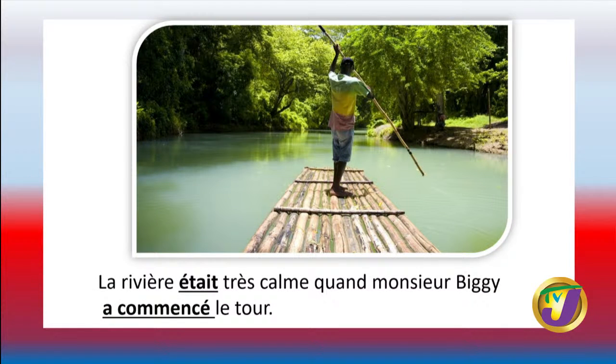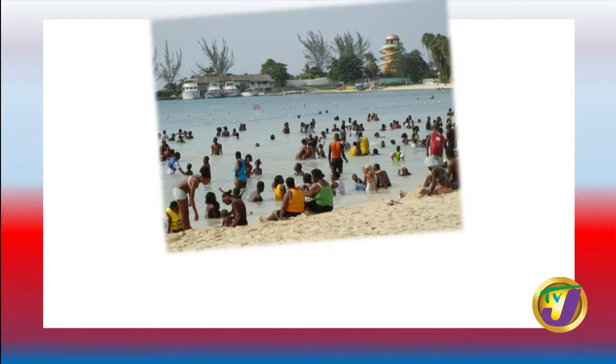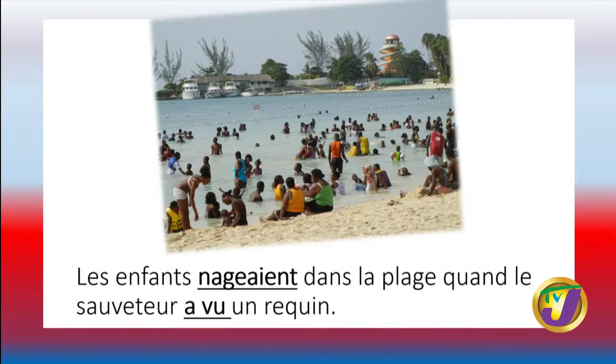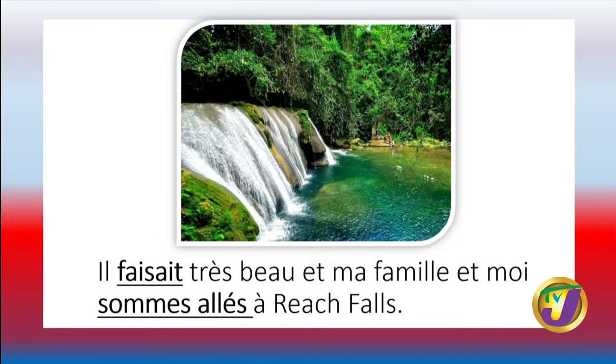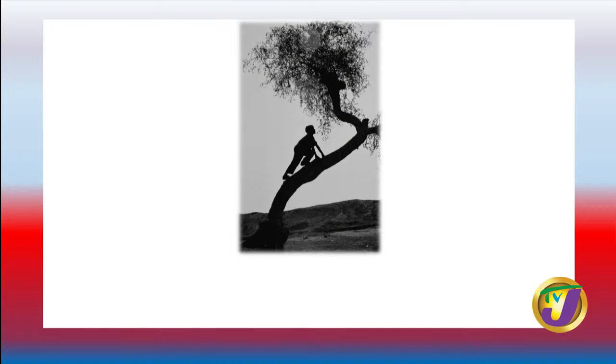So the first one is a man on a raft. La deuxième, c'est à la plage. La troisième, c'est à une cascade. Falls. Et la dernière, c'est dans un arbre. Ah oui. On sait pas où.